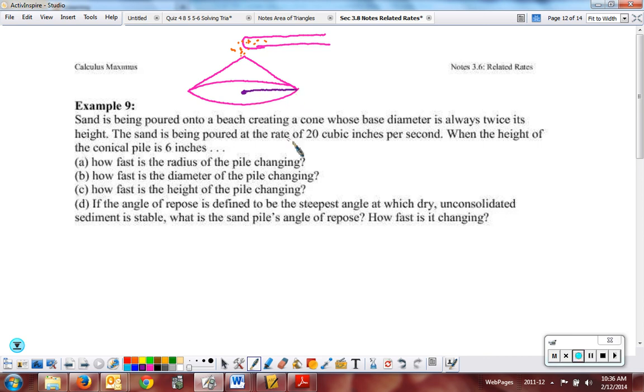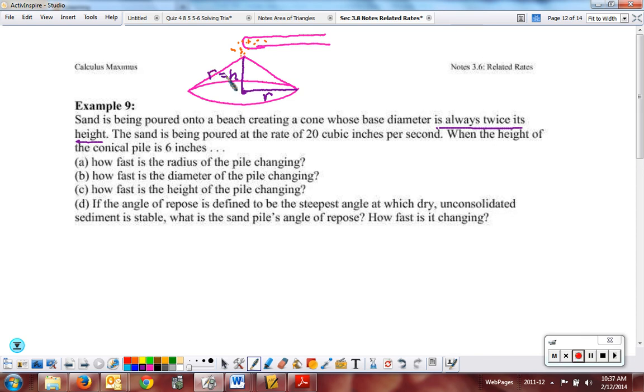Well, not always true, but in this problem they are saying that our radius and our height are going to be the same. So I might make a note to myself, h equals r, up here.